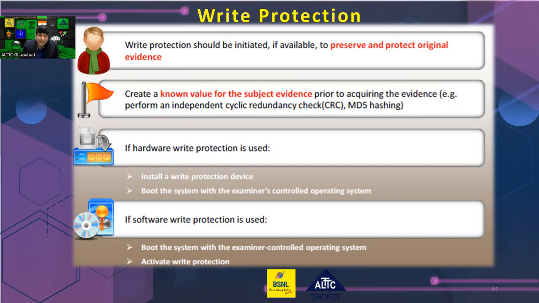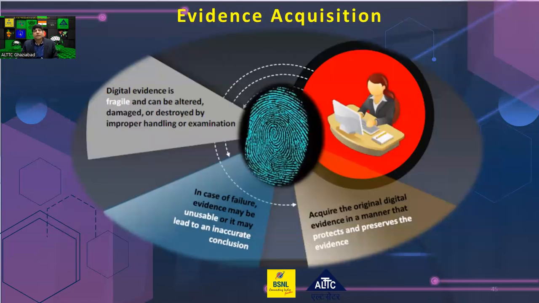If hardware write protection is used, install a write protection device and boot the system with the examiner controller operating system. If software write protection is used, boot the system with the examiner control operating system and activate the write protection. So finally, we go for the evidence acquisition.